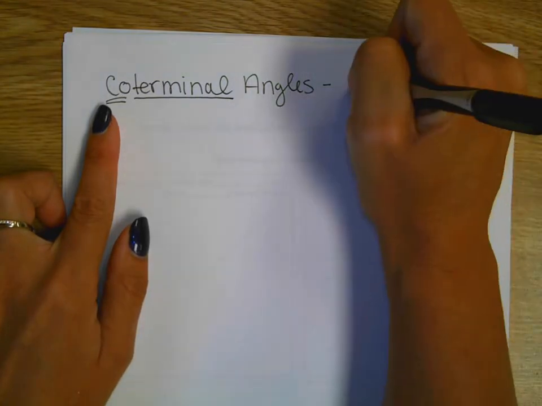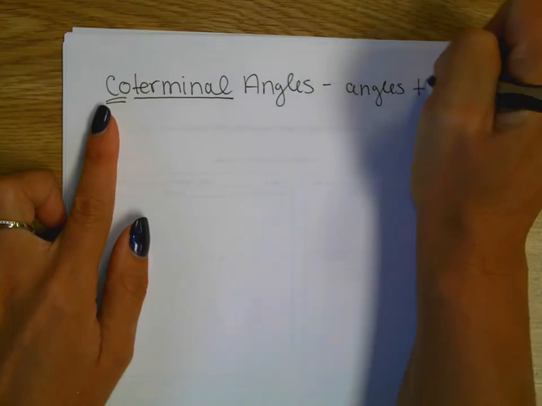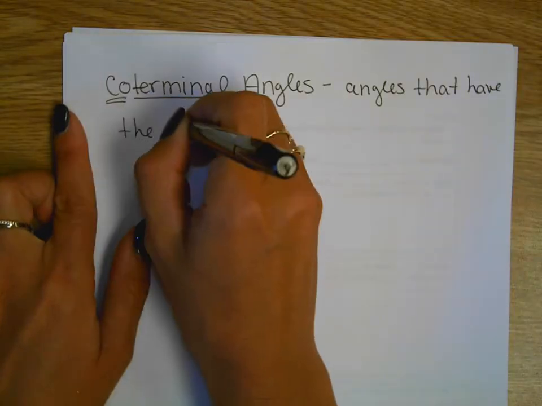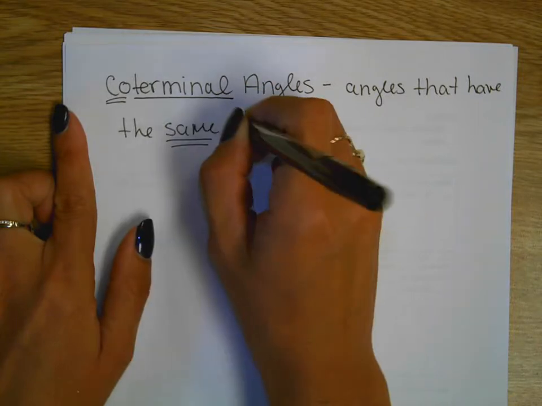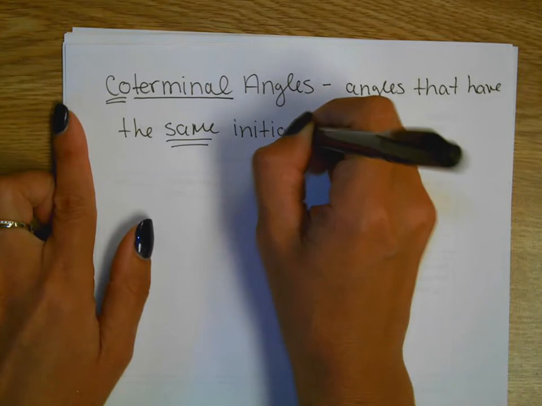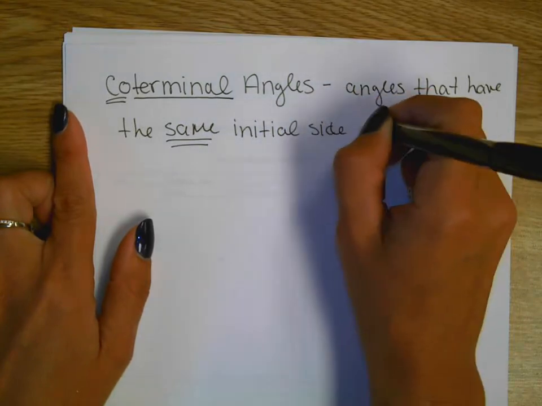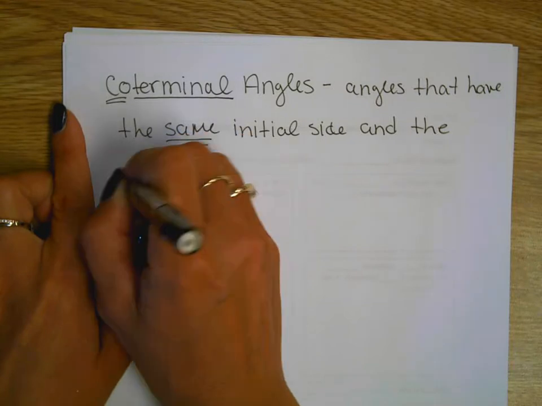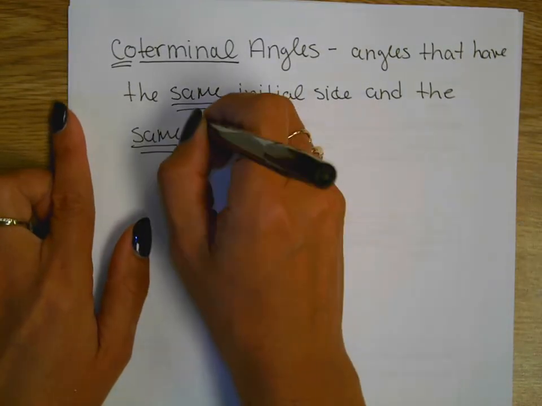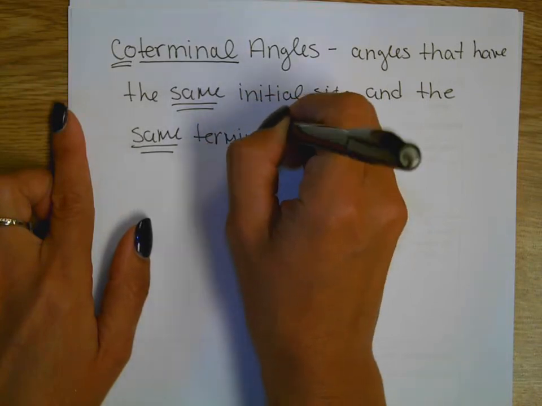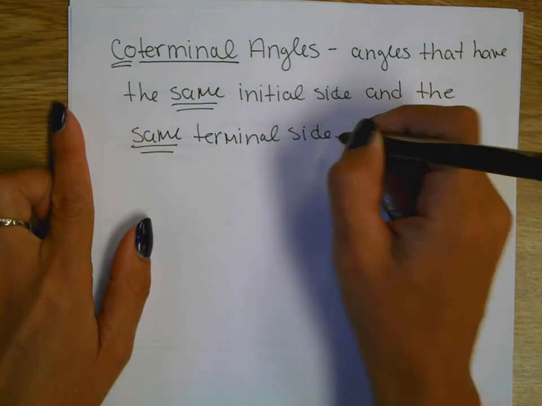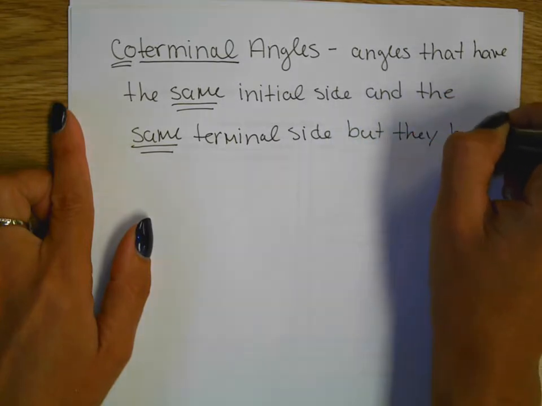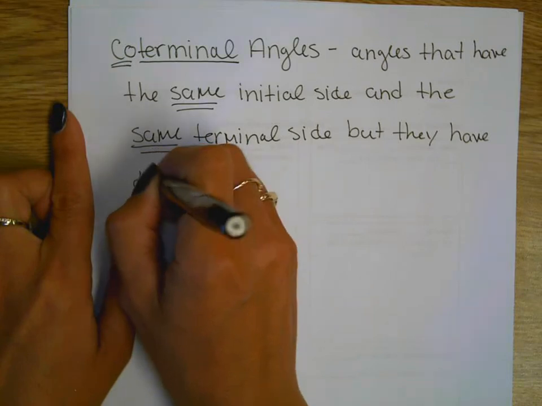How's that going to happen? So angles that have the same initial side, so they start at the same spot, and the same terminal side, so they stop at the same spot, but they have different angle measures.